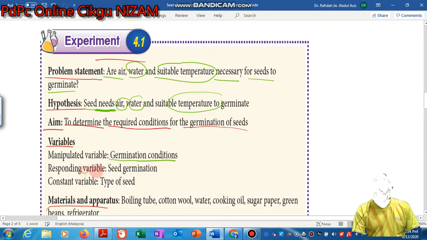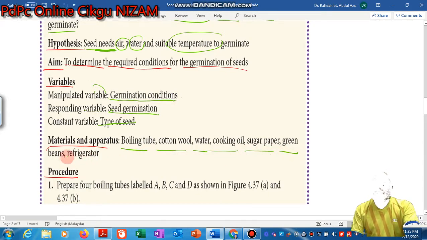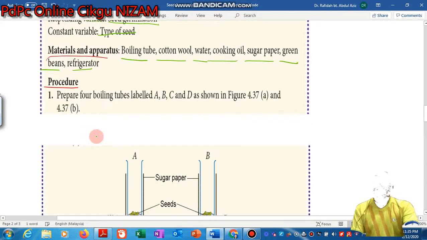Responding variable is seed germination, and constant variable is type of seed. Okay, now materials and apparatus: boiling tube, cotton wool, water, cooking oil, sugar pepper, green beans, and refrigerator.